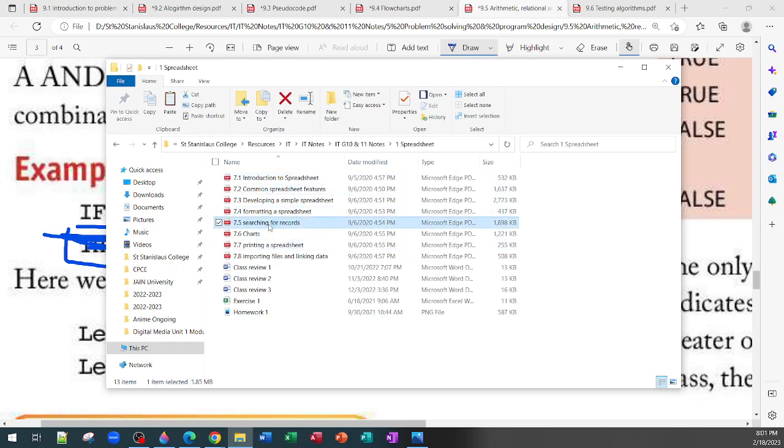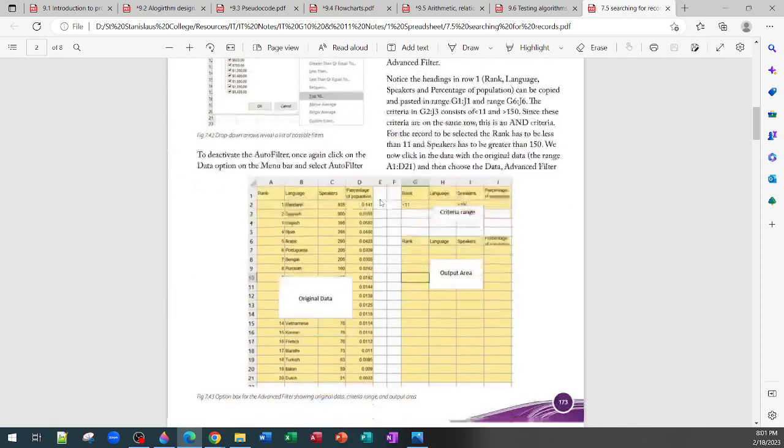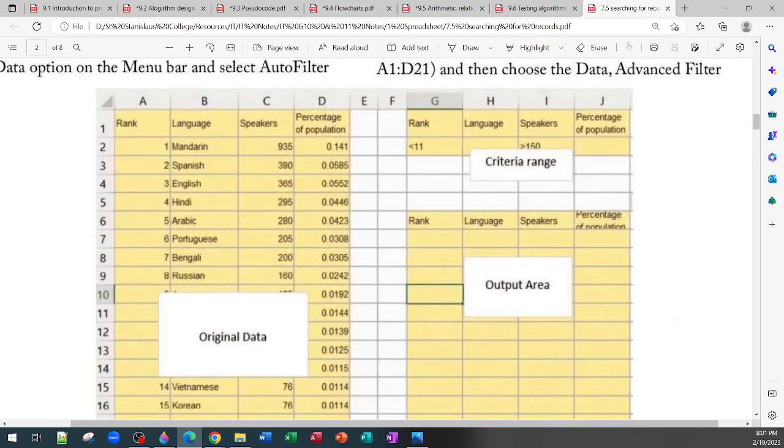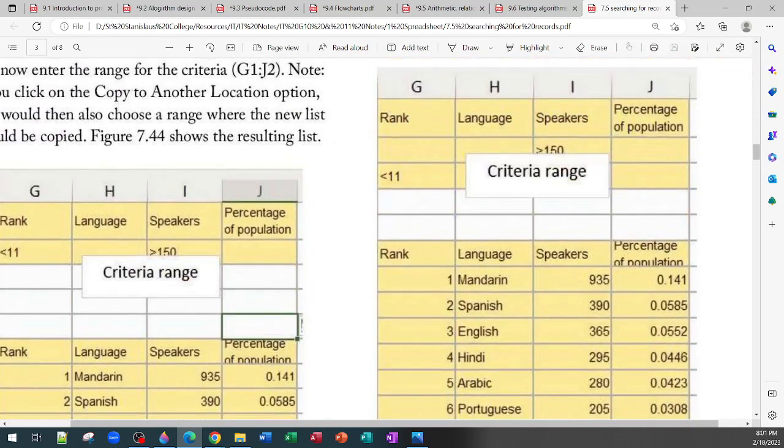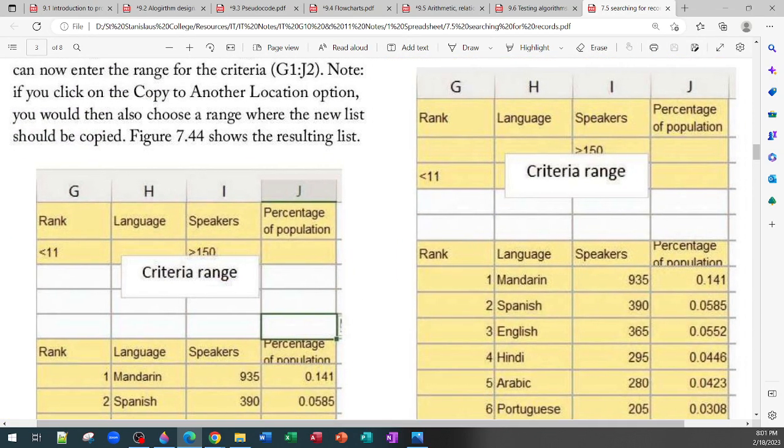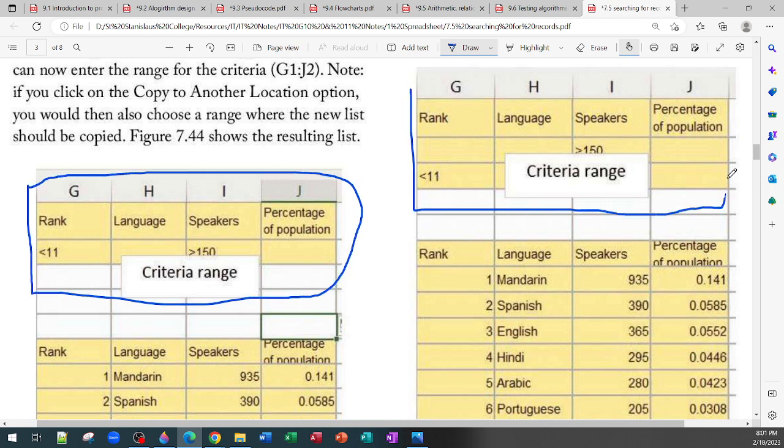Spreadsheet. Anybody remember the advanced filter? We did criteria, and we had two types of criteria. Anybody remember the names for the two types of criteria? Was it sort and filter? No. There were AND, OR. The same logic operators that we learned about right now.